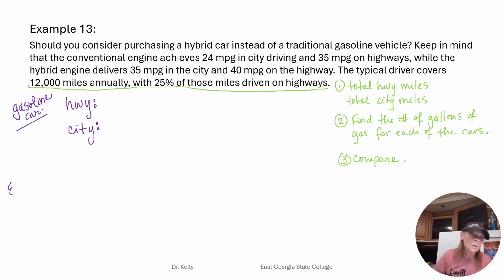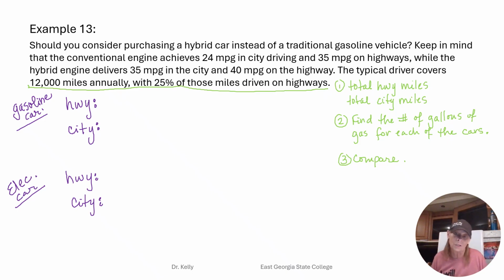And then I'm going to have to do the electric, right? And I also am going to have to find the highway and the city. And then we're going to total these together, the gallons of gas in the highway and city, gallons of gas on the electric car, and then we can make a determination on how much gas you're going to use anyway. All right?